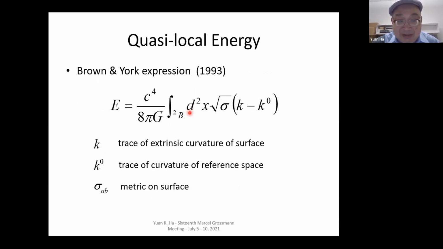It involves an integration over the surface curvature. Here, K is the curvature of the surface, and K0 is the curvature of a background surface, usually taken to be 0, and sigma is the metric on the surface.